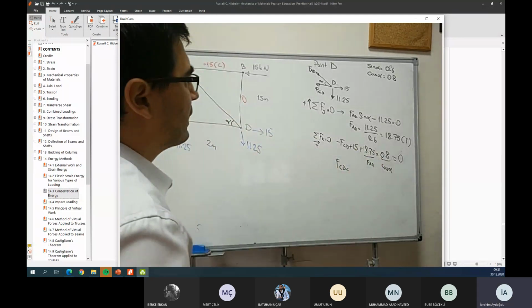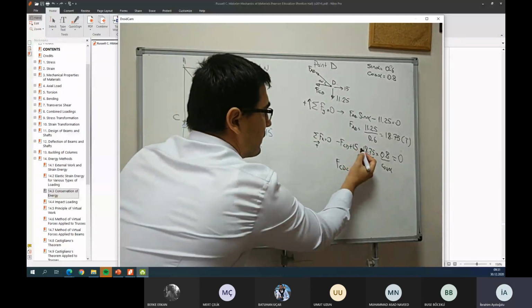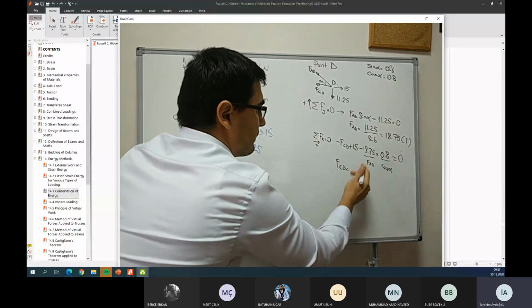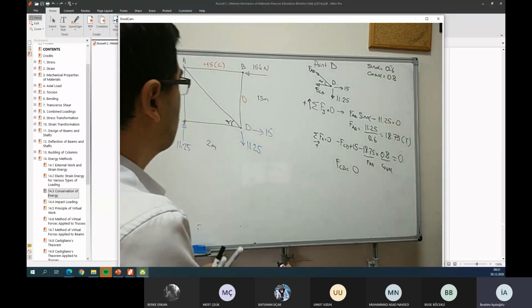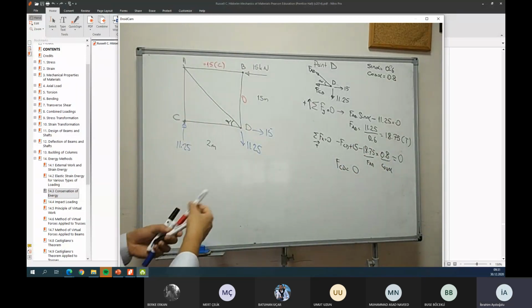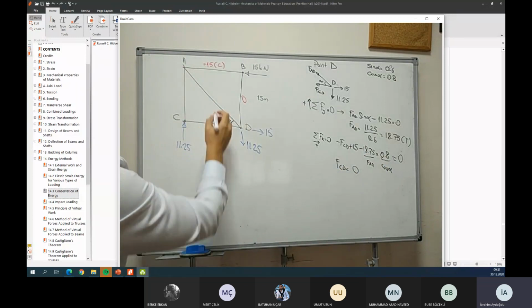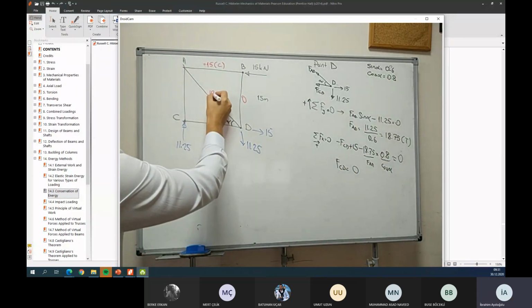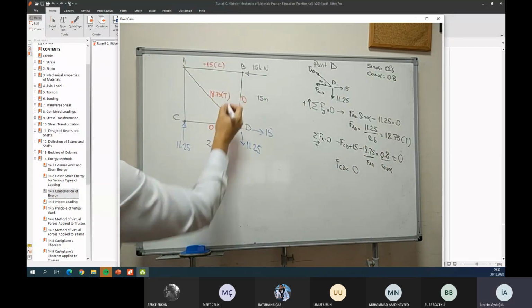Actually, I forgot, this should be minus in here. Sorry, this is minus 15, positive 15, so this is equal to 0. So this is the 0 member. This is the 18.75, this is the tension.